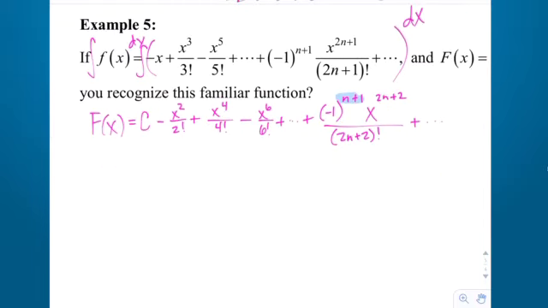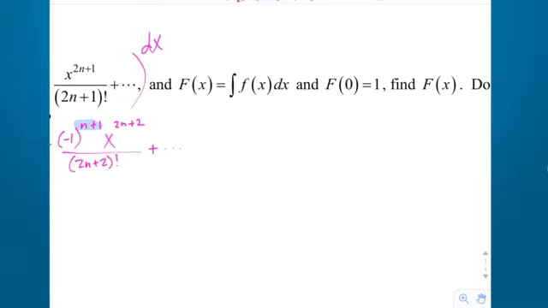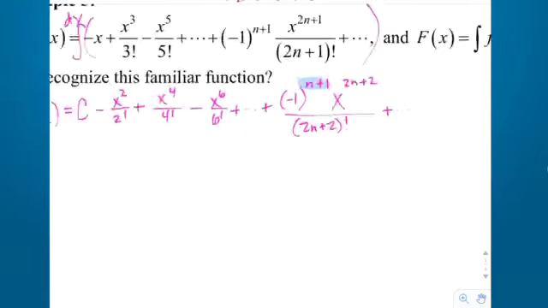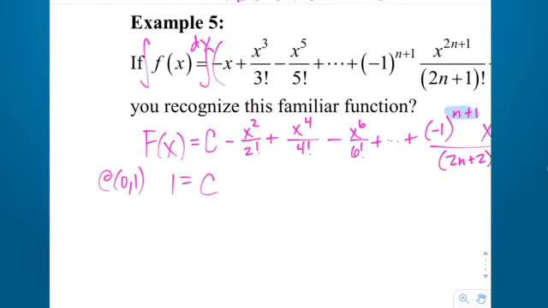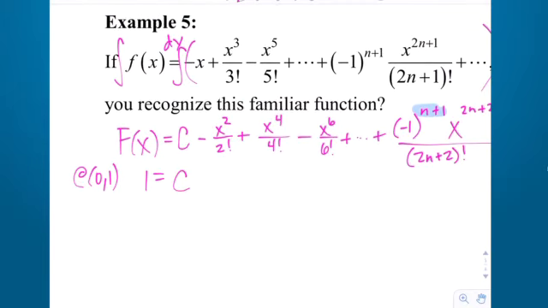Now, how are we going to find the C value? Yeah, you need an initial condition, and it gave it to us. So just like before, when f of 0 equals 1, at the point 0, 1, we'll say 1 equals C, and now I plug in a 0 for all the other x's, and I get minus 0 plus 0, minus 0 plus 0, so C equals 1.